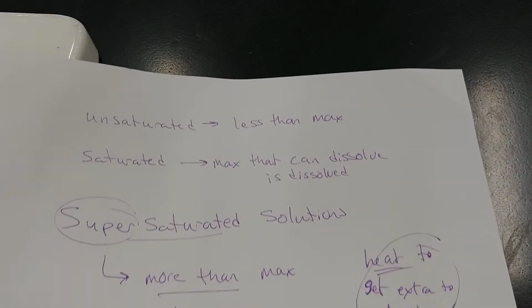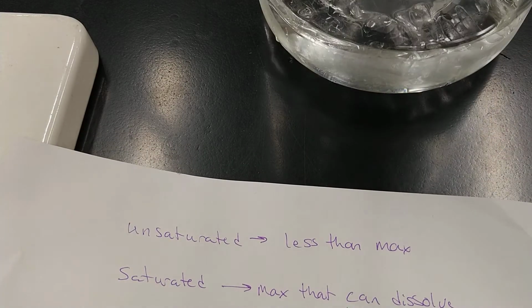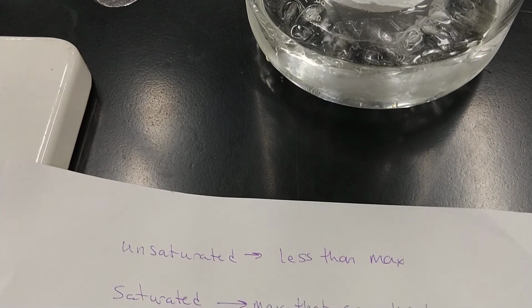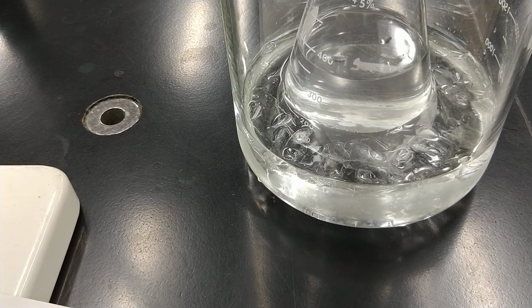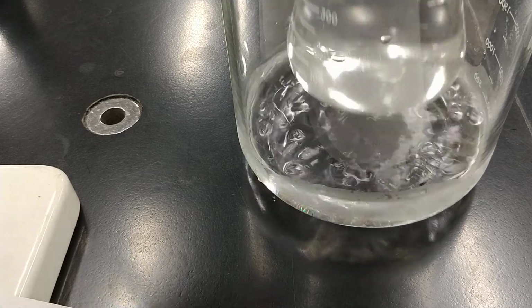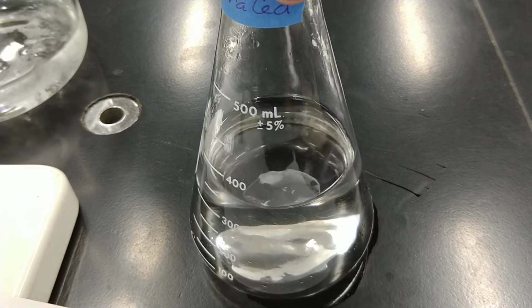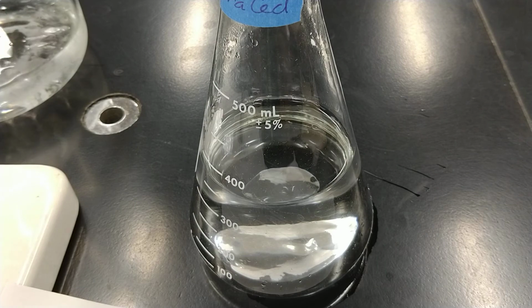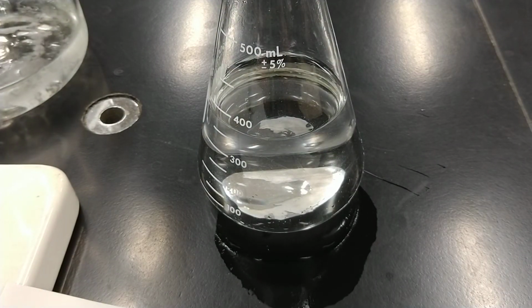So that's what I've done right here: hopefully a supersaturated solution of sodium acetate. What I put in here is a lot of sodium acetate, and originally it didn't dissolve.